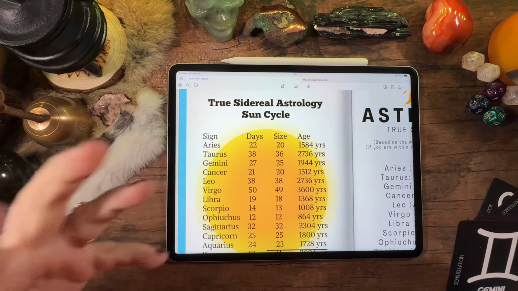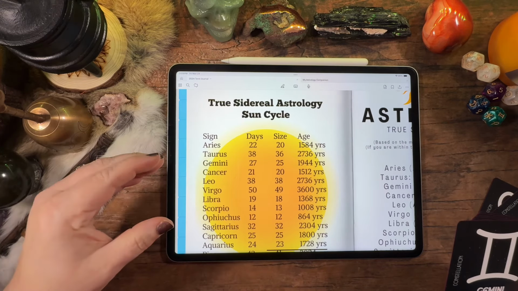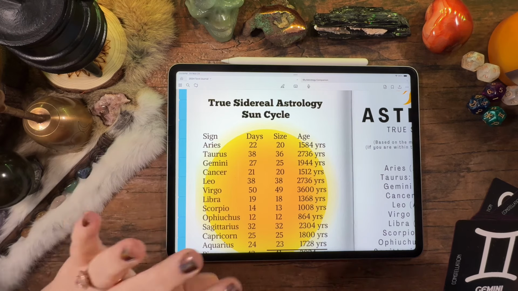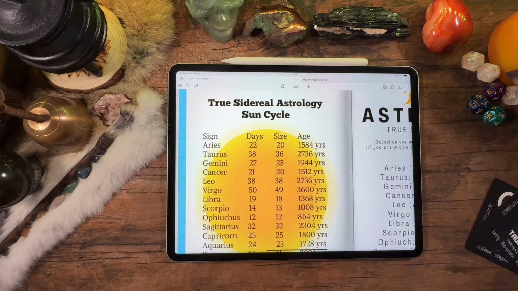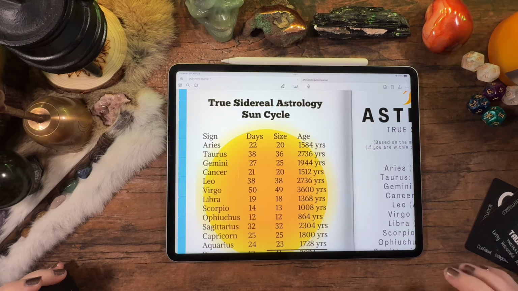And even an age is based on how long, and there are different rules of thumb for what people consider an age. But for me, I consider an age to be when, on the spring equinox, what sign the sun is in.